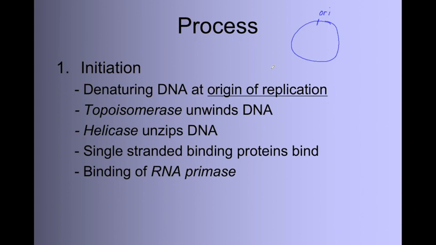If you separate a rope by its threads and start pulling it open, you're going to end up with a more tightly coiled rope at the end. So the topoisomerase releases the tension of that coiling DNA. We'll just say it unwinds DNA, but really it's about releasing the tension as that DNA strand is being opened up.